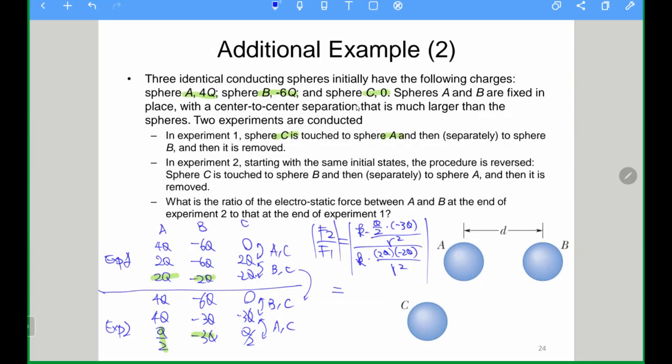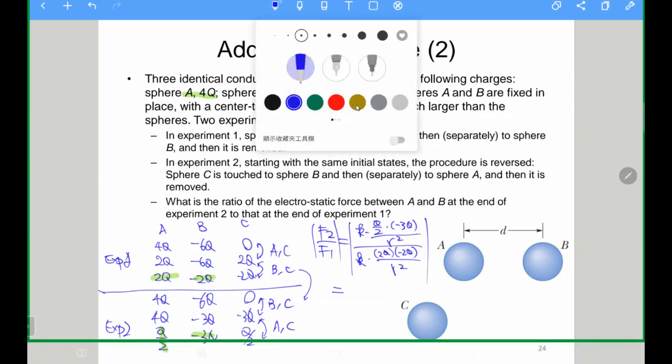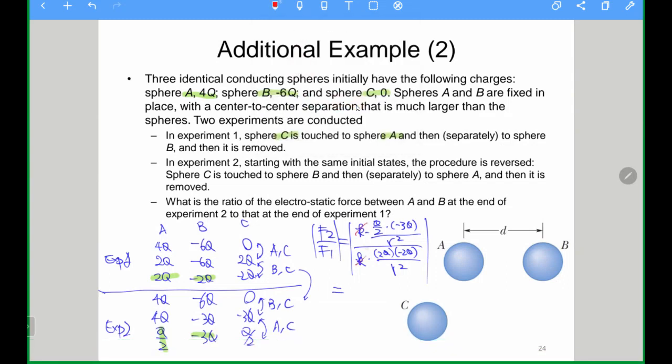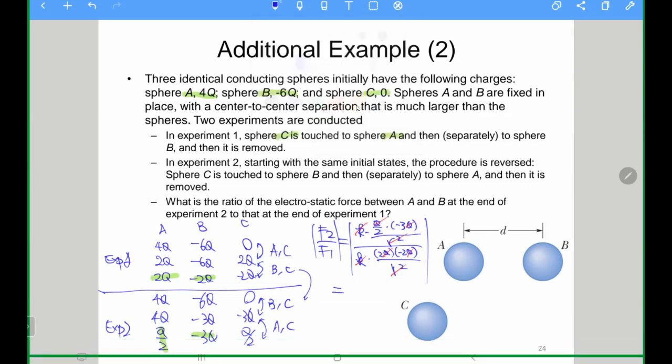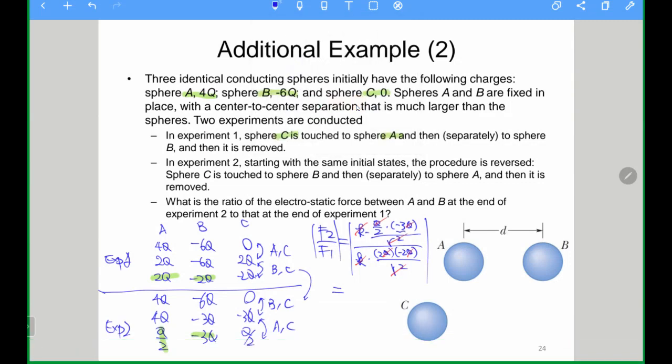Most of the values can be cancelled. So k can be cancelled, Q can be cancelled, r squared can be cancelled. The only remaining stuff is 3 over 8, which is 0.375. Okay, so this is the answer to this problem.